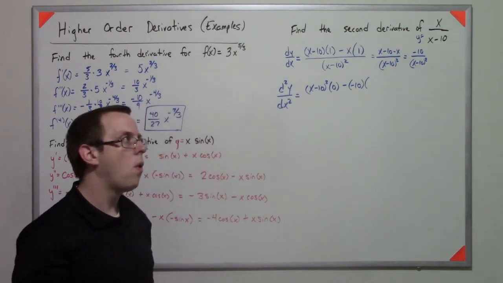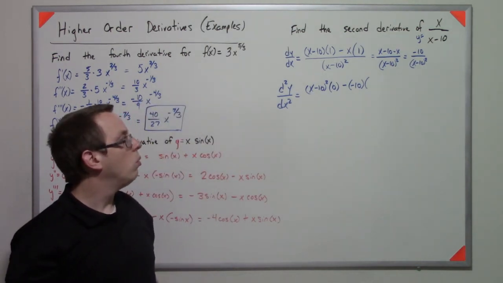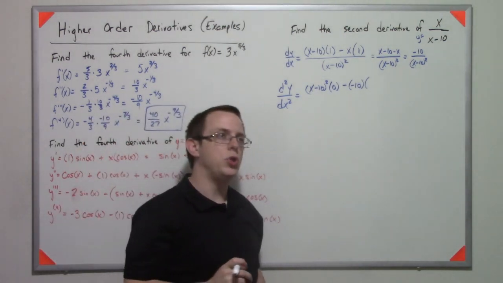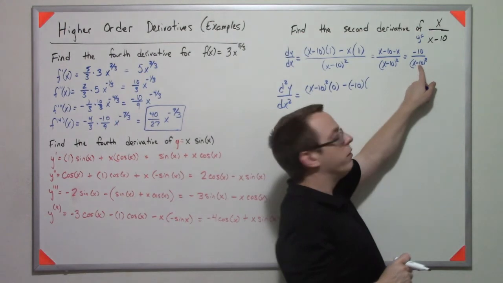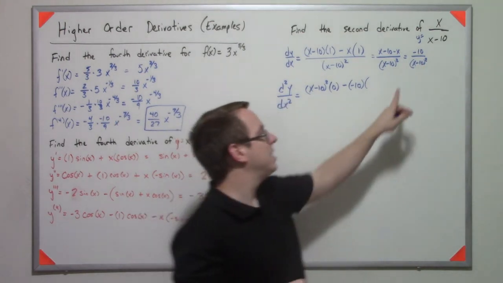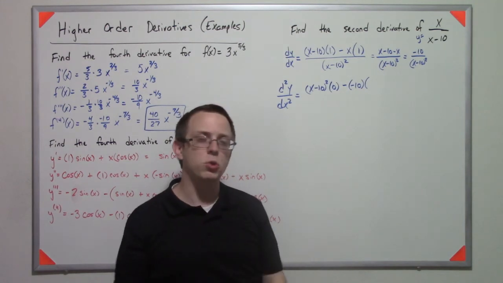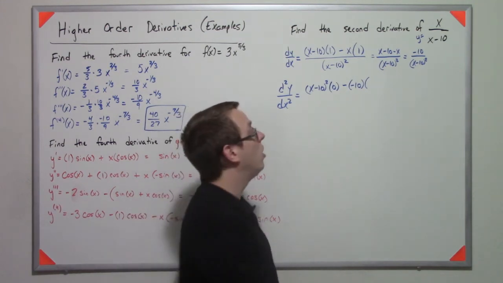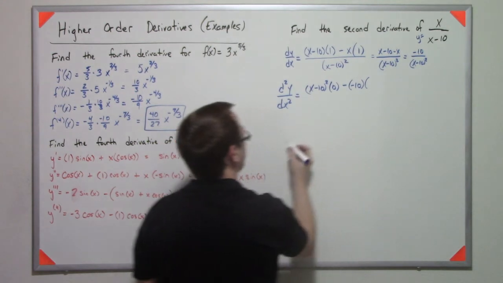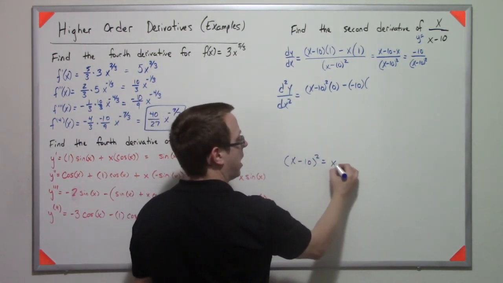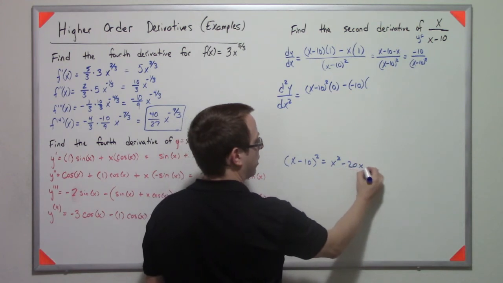Now, we don't have the tools right now to do this derivative as it looks like. We're going to learn those tools. So since we don't have those tools right now, we're going to have to do the annoying thing. We're going to have to multiply this out. X minus 10 squared is x squared minus 20x plus 100.